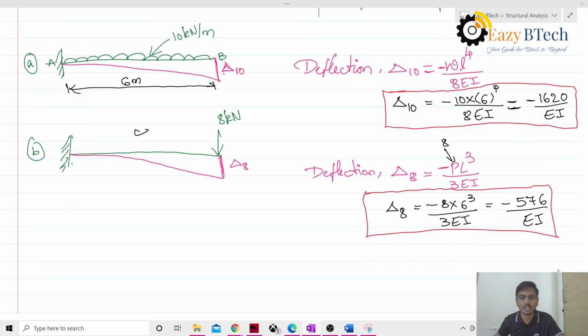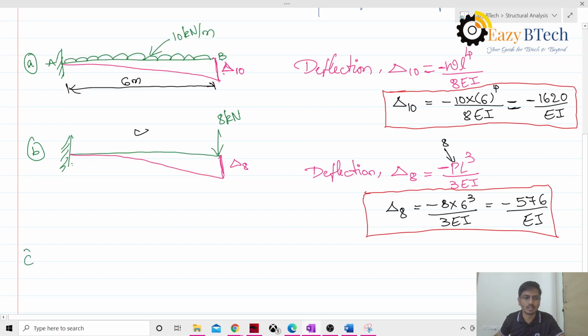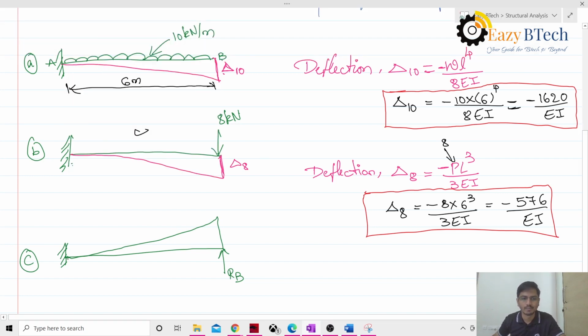Okay. So let us proceed with the third one, that is the deflection due to the reaction RB. Here the deflection will take place in the opposite direction, like this.